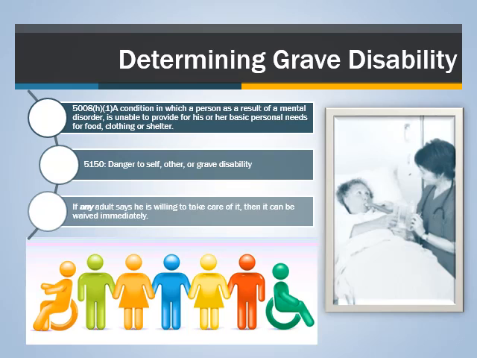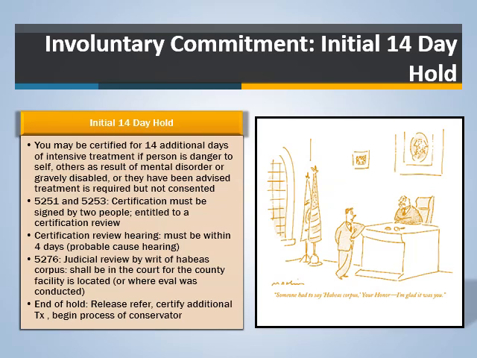So key to grave disability is that if any adult shows up and says, I'm willing to take care of them, then you can immediately waive that it's grave disability. The 14-day hold is what comes after your initial 72-hour hold. And what changes is that you can now have a writ of habeas corpus.